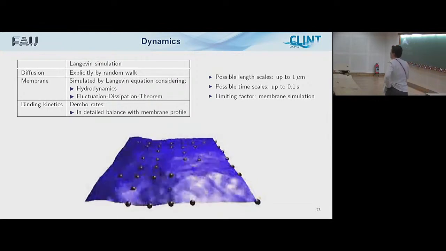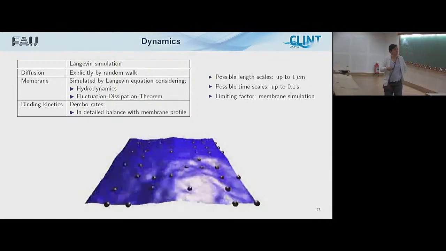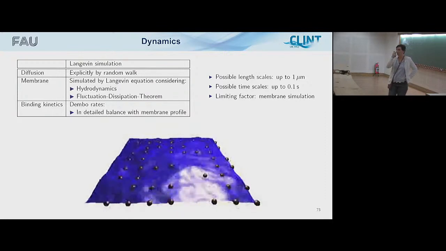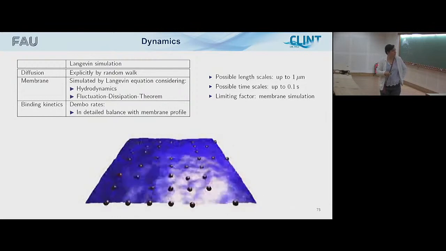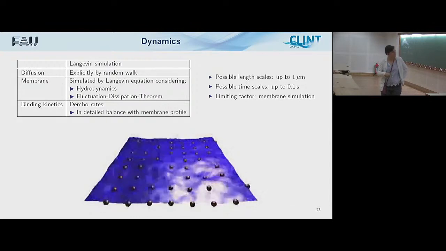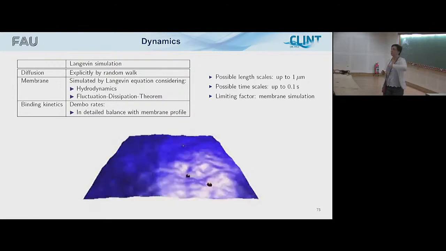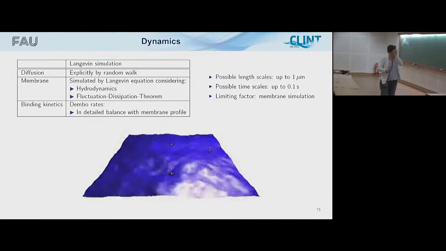I can plug this all in, and my proteins diffuse on this membrane, as an explicit random walk on the lattice. I'm not plotting all of the proteins, and I can have another surface underneath, which is also not plotted. The only thing I'm plotting is when the actual bond is established, because otherwise it will be way too messy. You won't see anything in a movie, right?